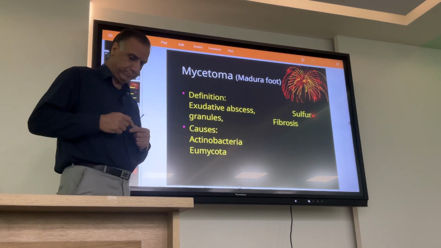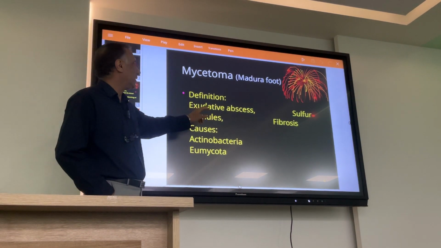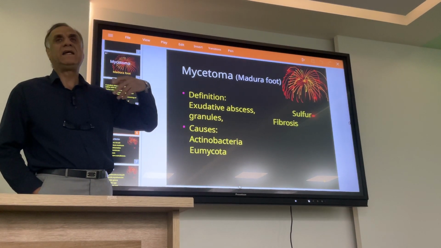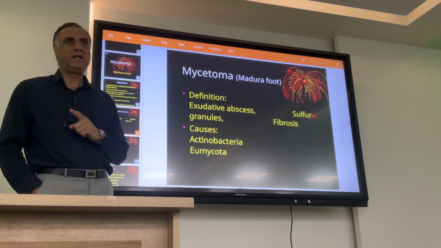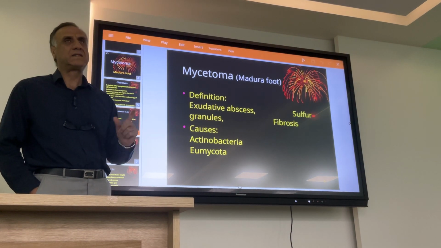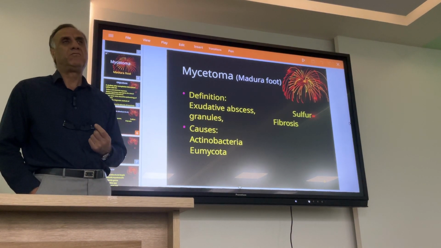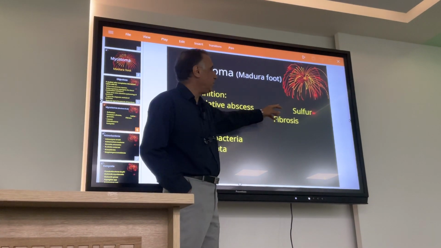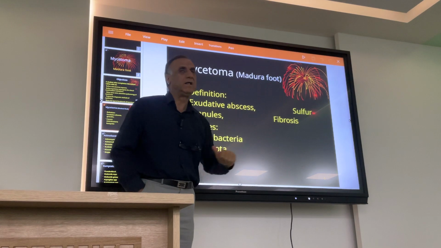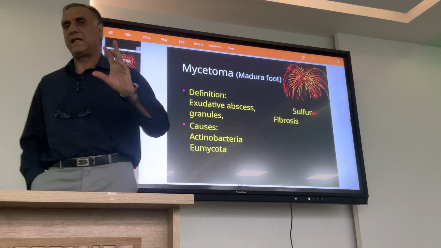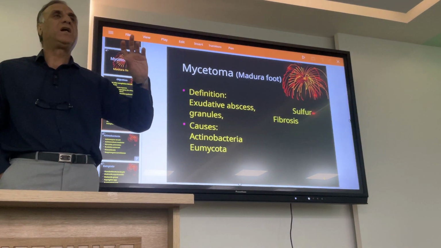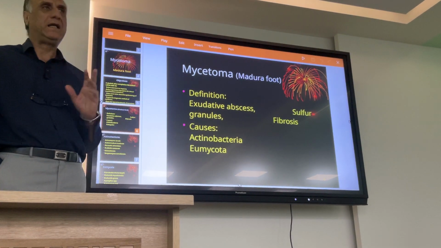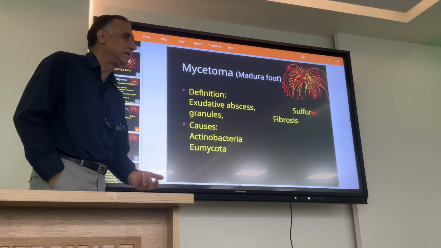In addition to abscess, we see edema, a swelling of the limb. A swelling with fluid means edema. You may see sulfur granules. A sulfur granule is a compact fungal element in tissue, in infection.